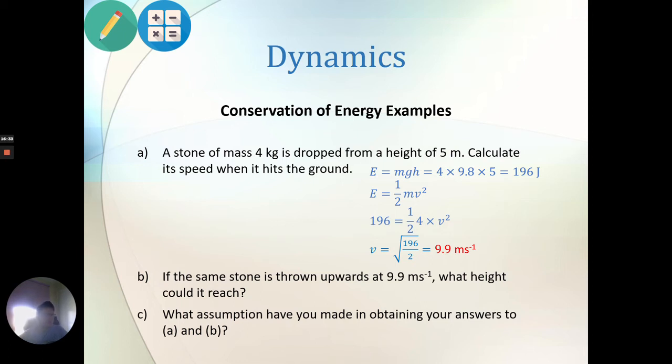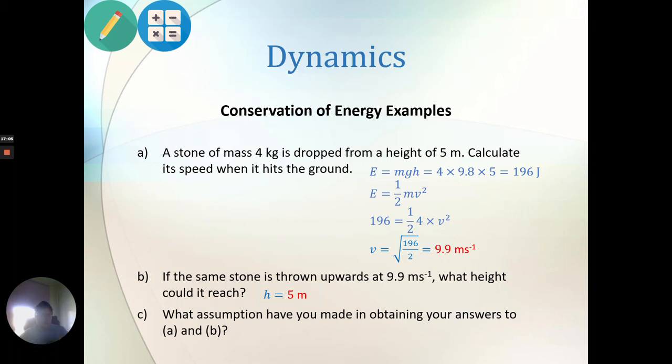But we don't have to, because the calculation we just did before this was for the same stone, and the speed that it hit the ground at was 9.9 meters per second. So when we throw that up at that speed, it will get to the same height. And that means that we know it will reach a height of 5 meters.